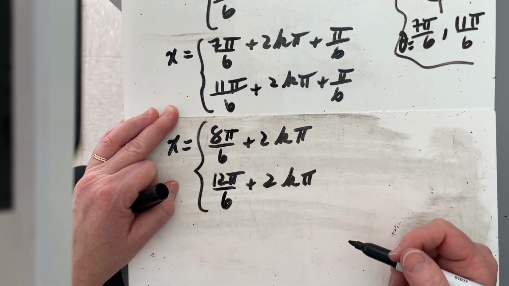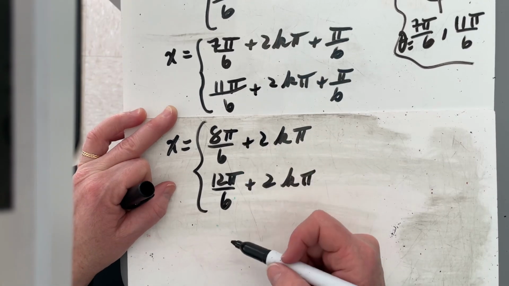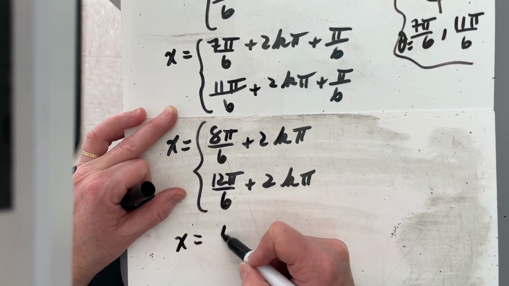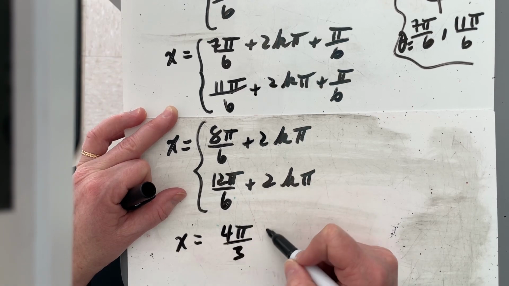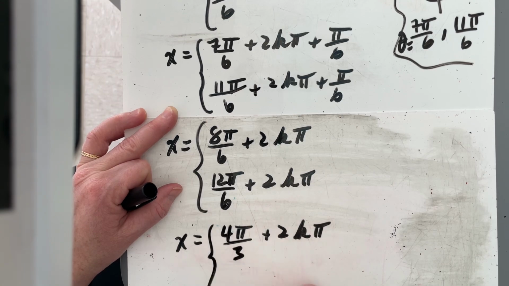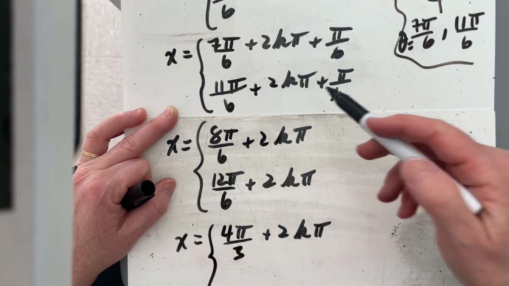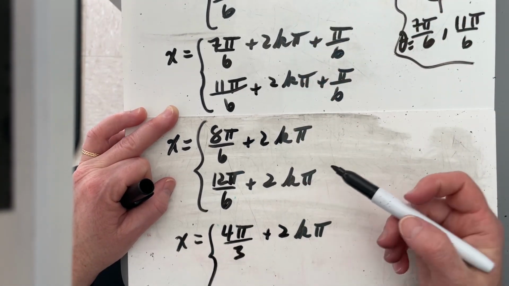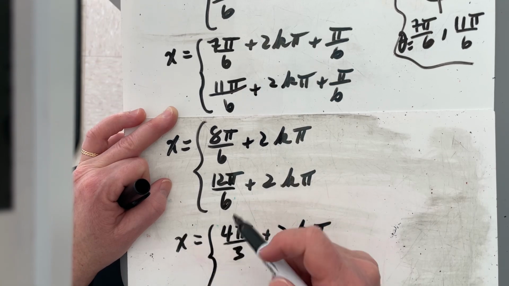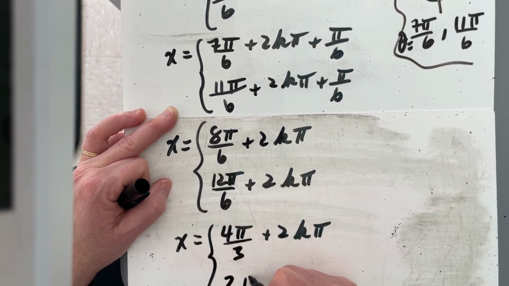All right, these will both be easier to work with if we simplify those fractions. 8 over 6 is the same as 4 over 3. So 4 pi over 3 plus 2k pi. Notice this time around, nothing happened to the 2k pi because we're not dividing by anything. We're just adding pi over 6 this time. We're not dividing by 2 like in example 9b. 12 pi over 6 is 2 pi.